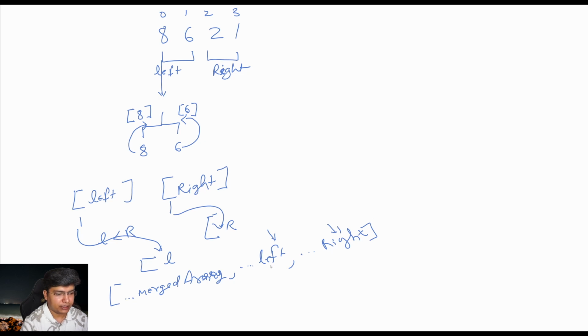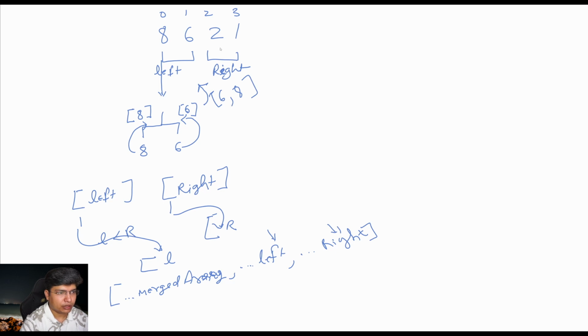Leftovers will be appended at the end of the merged array. Now this merged array would be returned from here, which would be 6, 8. Now the left portion's merge sort is completed. If we only had two numbers, 8 and 6, then we have already sorted them, and the final result is 6, 8.